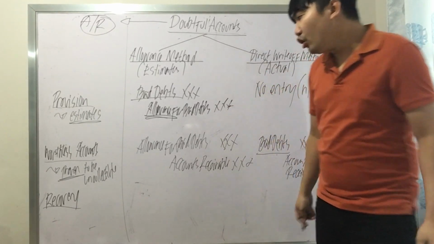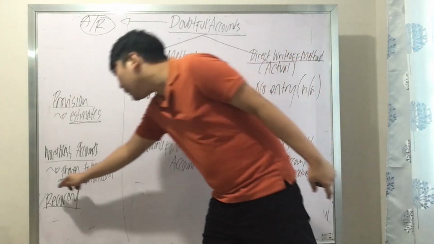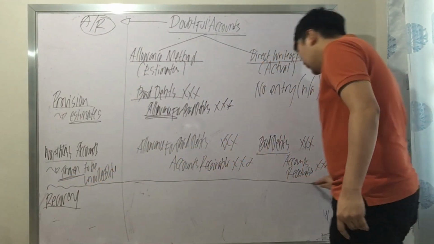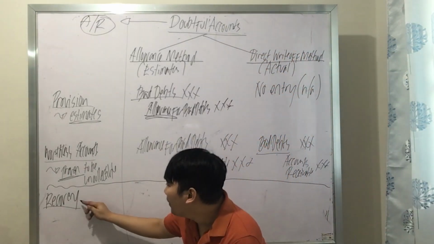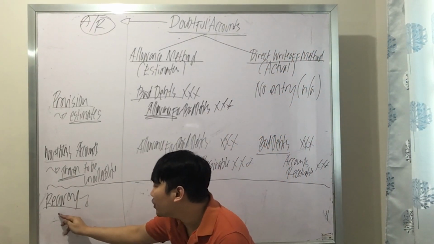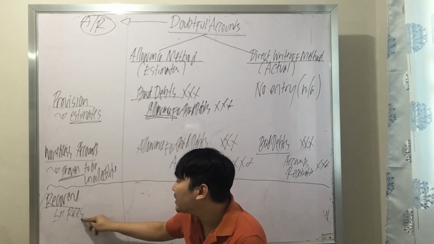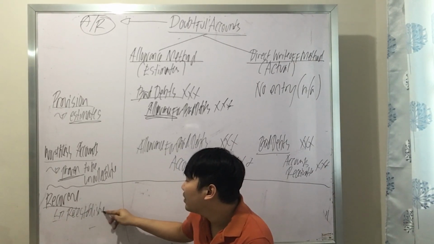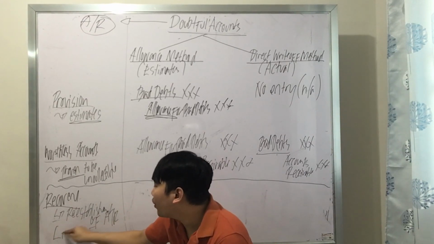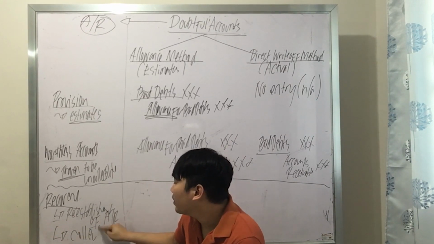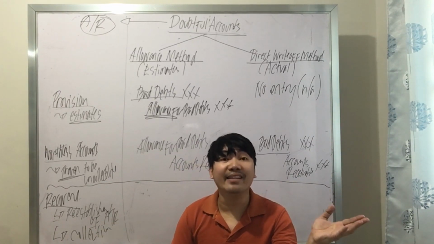So, ito sa recovery, anong procedure na gagawin mo? Tandaan niyo, sa recovery, first procedure mo dito, magkaroon ka muna ng reestablishment of receivable or AR. And then you record the collection. Anong ibig sabihin? I-recharge mo muna yung balance niya.